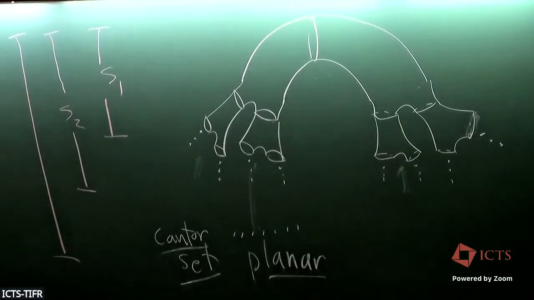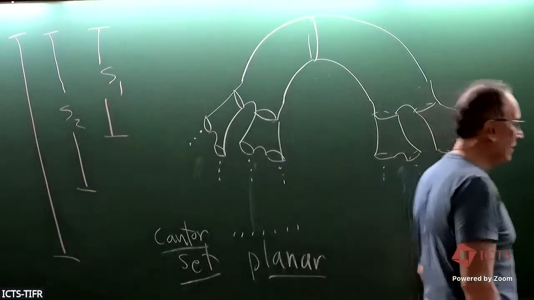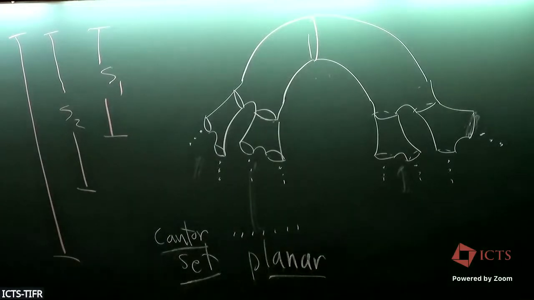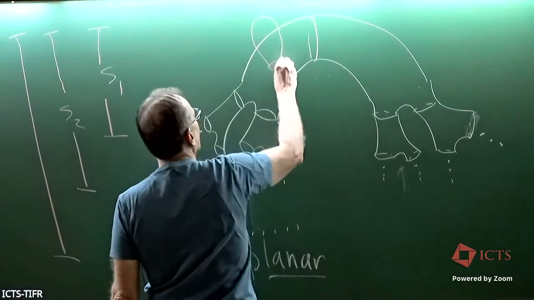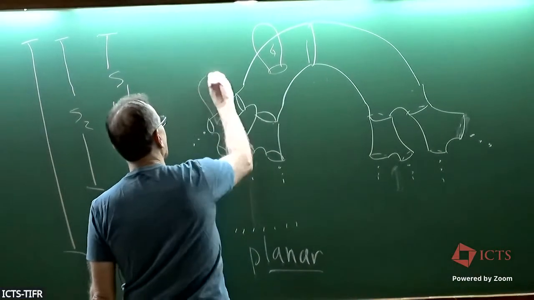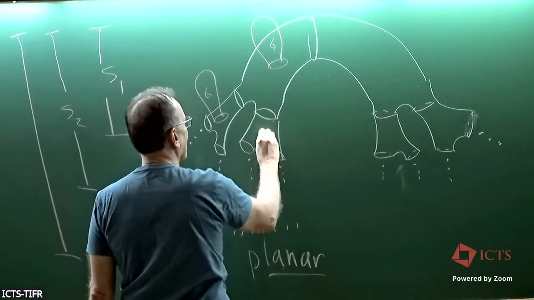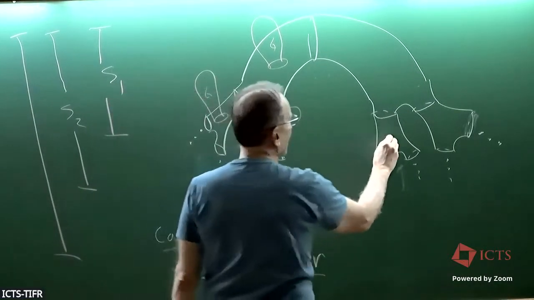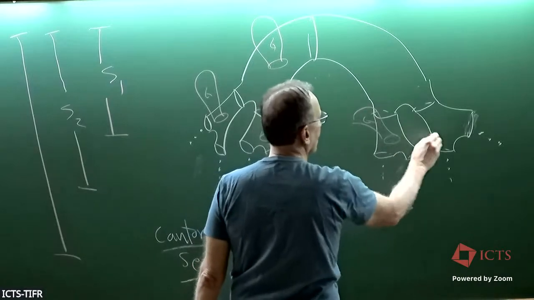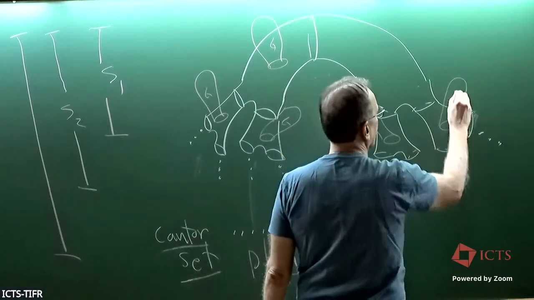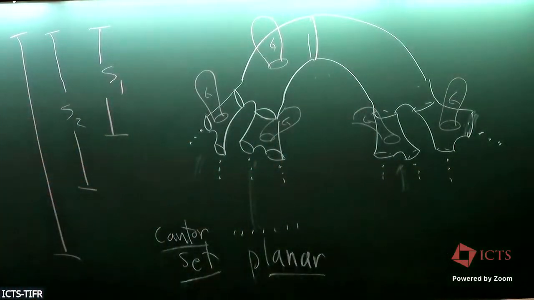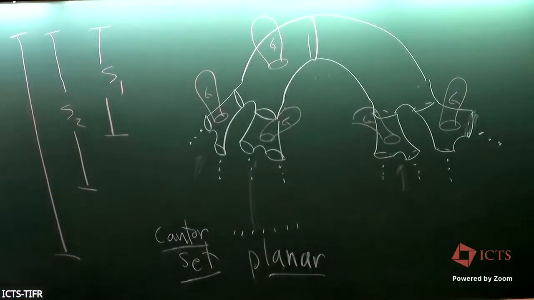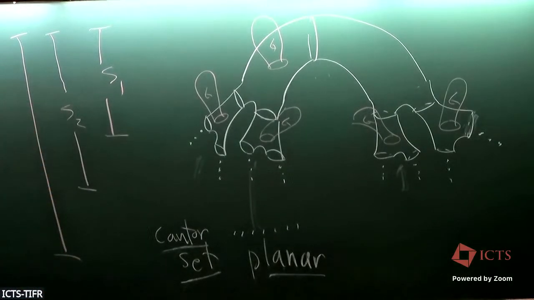I could do one more example. People like to call this, you could put little flowers on this. I'm just attaching one handle. So have I changed anything? Well, the space of ends is still the Cantor set, okay?